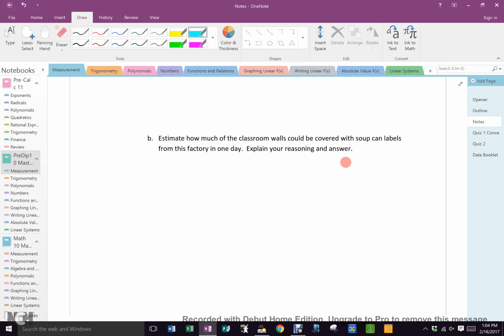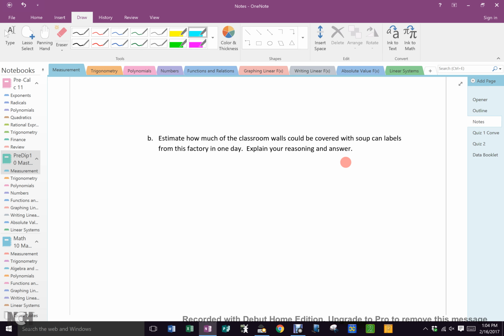Is there a way we could estimate it? How would you guys measure this distance from here to the window? Meters. Okay. Let's estimate it.